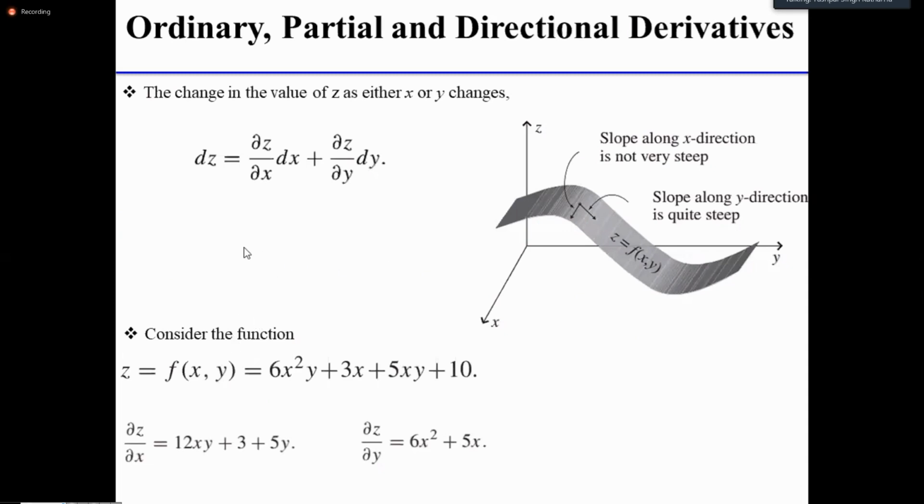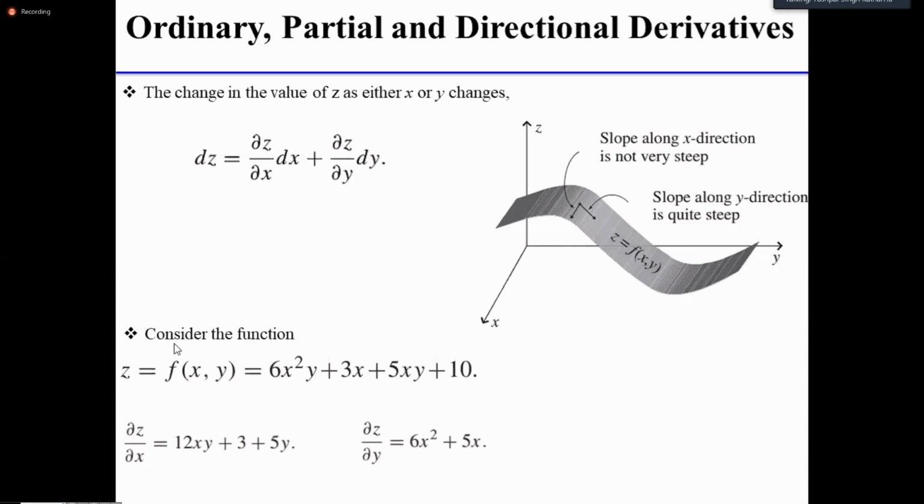If you want a general change in z as you vary x and y, that change in z can be given by the rate of change along the x-axis multiplied by a small change along x, plus the rate of change along the y-axis multiplied by the change that we make along y.